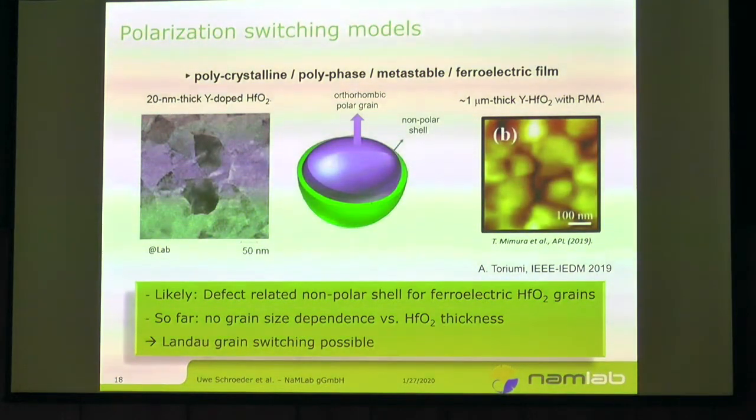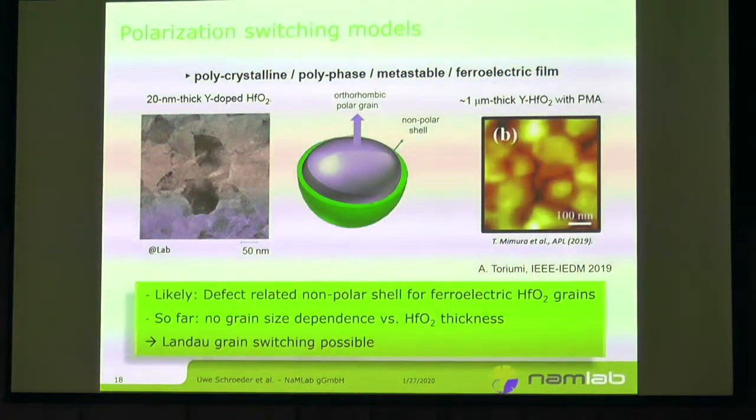We think these grains have a lot of defects at the outside of the grains, which means that quite likely the switching of these grains happens from one grain without knowing what's happening in the next grain. And that kind of explains this Landau type switching.